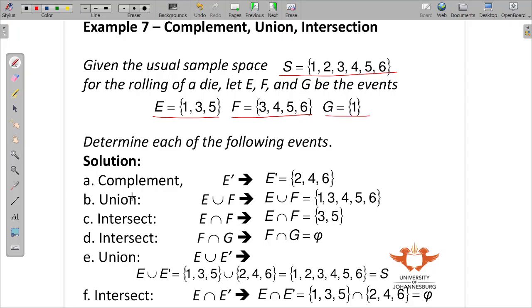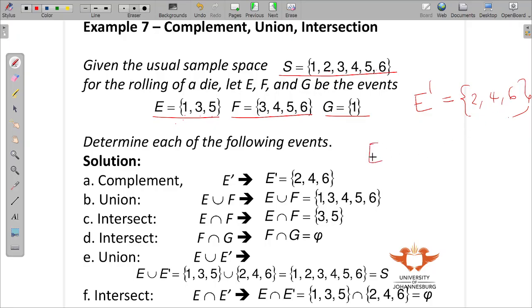Now we want to determine the complement of E. The complement of E is everything that is not in E but is in the sample space. What is that? 2, 4, and 6. So 1, 3, and 5 are in E, and 2, 4, and 6 are not in E, so we pick those.